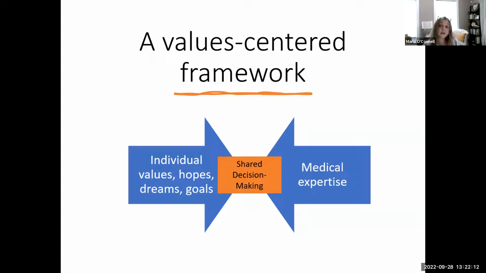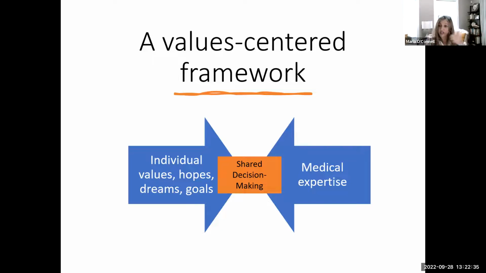Then the medical experts bring in all of their knowledge, and in combining these is when a shared decision is made. So it's a little bit flipping it backwards from most models of shared decision making, where you start with a medical problem or a decision that needs to be made. The providers offer some expertise.